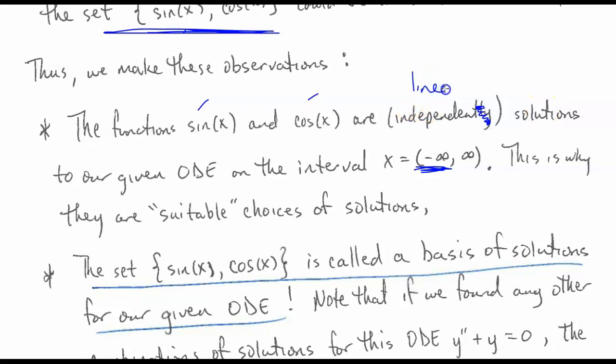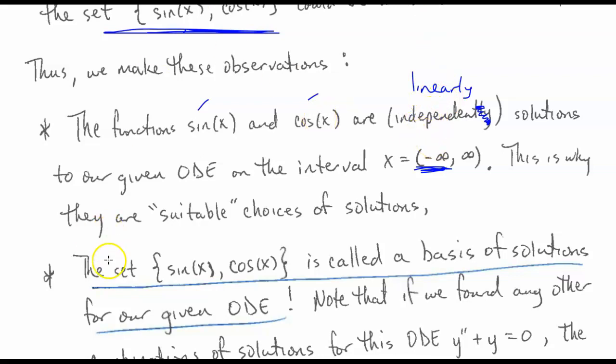And in particular, they're going to be linearly independent, okay? And I'm saying that although here, I could just say that these are independent solutions, because sine is a solution on its own, cosine is a solution on its own as well, but we are going to talk about this whole thing of linear independence as well.